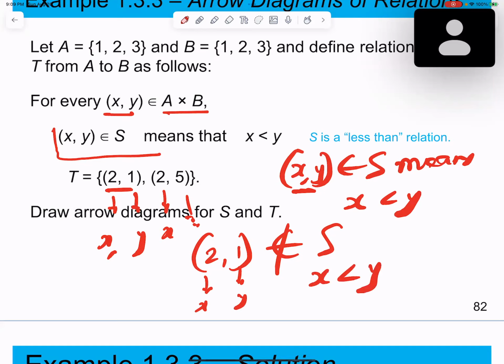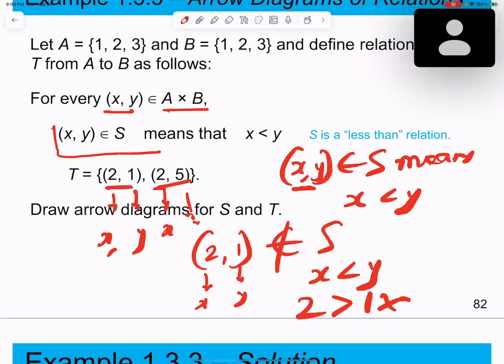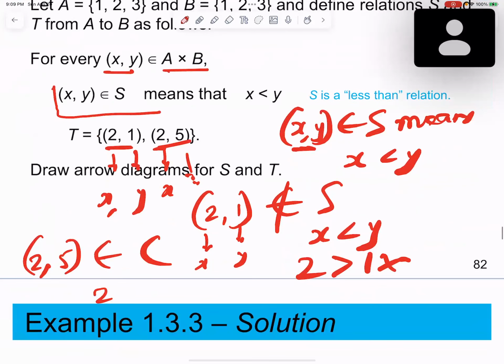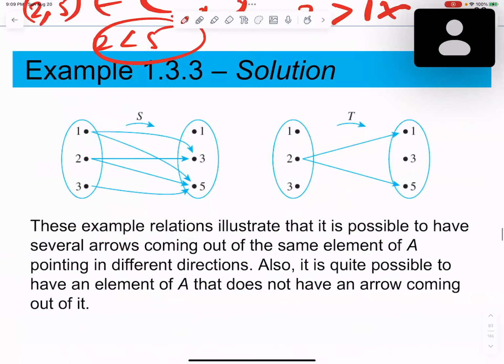But our x here, which is 2, is greater than 1. So this is wrong. But this one is correct because 2 is less than 5. Your x must be less than y. So you can pick this, you can pick this, you cannot pick that.